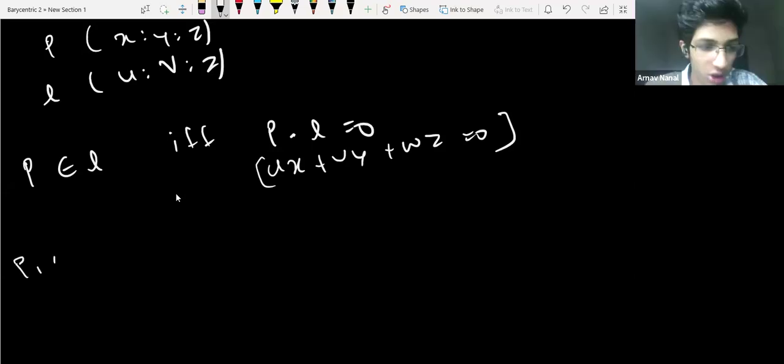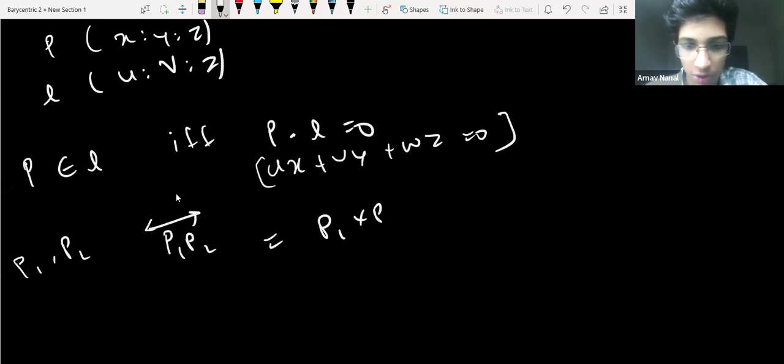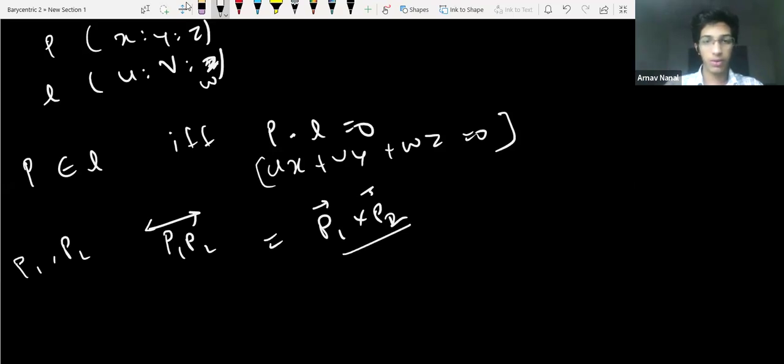Similarly, if you have two points P1, P2, then the line P1P2 will be given by P1 cross P2. So it can be like w y minus v z and sort of stuff, I mean y1 z2 minus y2 z1 things for two points.